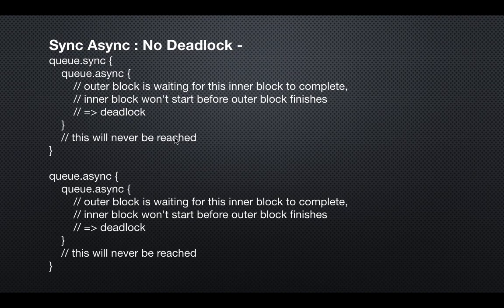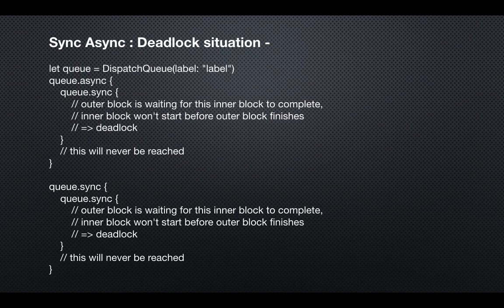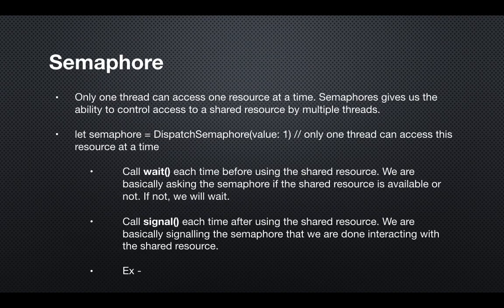Through this you will understand better. These are the two deadlock situations which occur using sync and async. This was asked to me in two of the interviews, and I think it is important, so you should know.